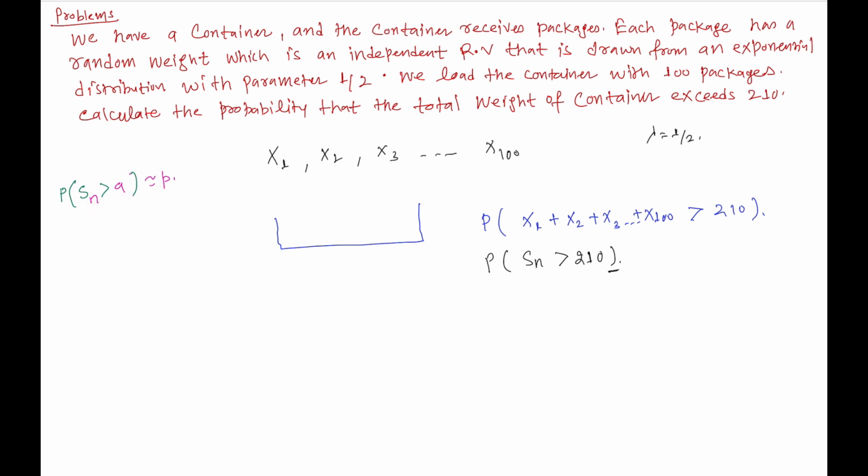So the central limit theorem ultimately revolves around finding these quantities. If you look at this first problem that we have just described, we are given that the sum of these 100 such IIDs exceeds 210. What's the probability of that? So we are trying to find this quantity.